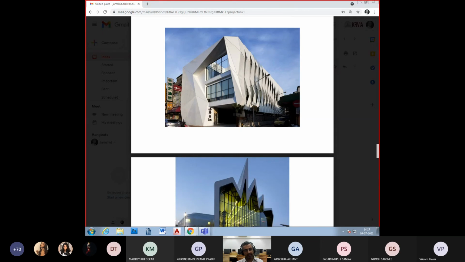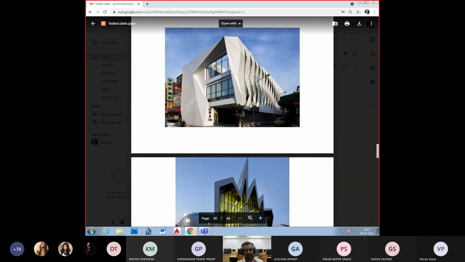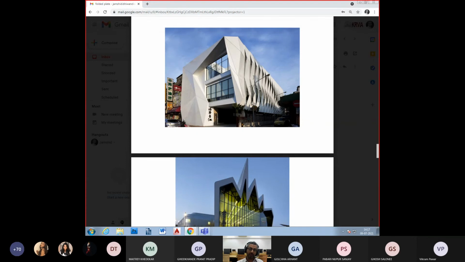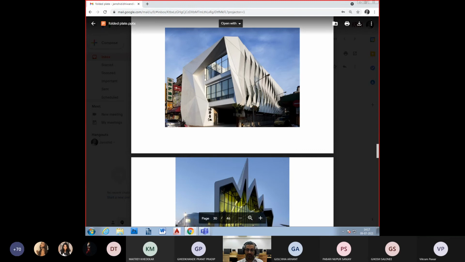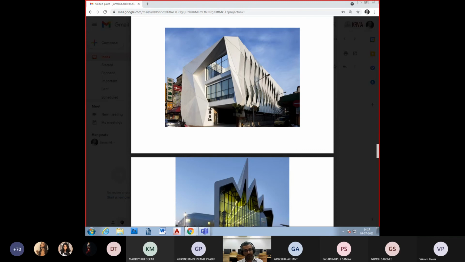We get excited by these ideas of undulating facades, thereby allowing a play of light and openings. And you can clearly see the great variety it provides even for urban buildings.